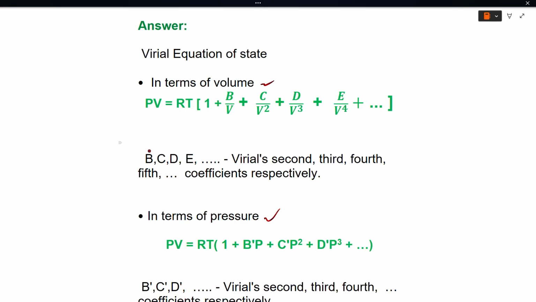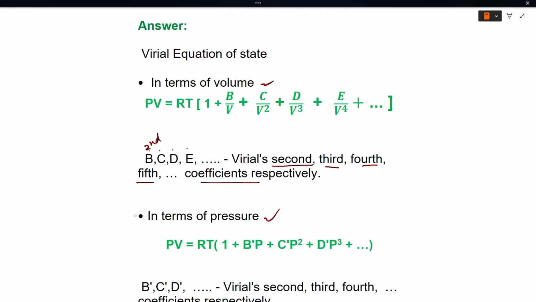Here B, C, D and E are virials. This is the second one, do not confuse it. Then next one is the third, fourth and the fifth coefficients. They are known as virial coefficients, that is, the second, third, fourth and fifth coefficients.